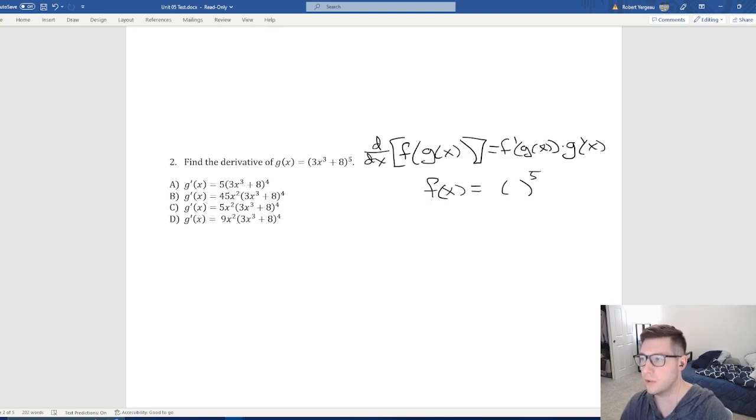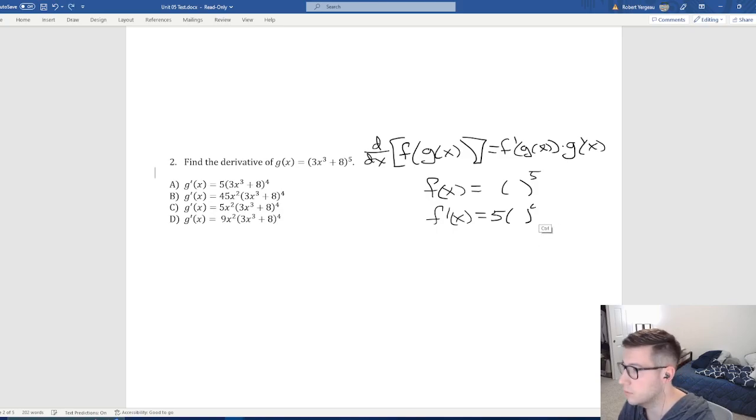Because what I'm going to do is exactly that. I'm going to use the power rule. I have something just raised to a power. And so f prime of x is simply going to be 5, again, times whatever was originally there, that quantity, raised to the 4th power. And so, let me make sure that looks like a 4. There we go.